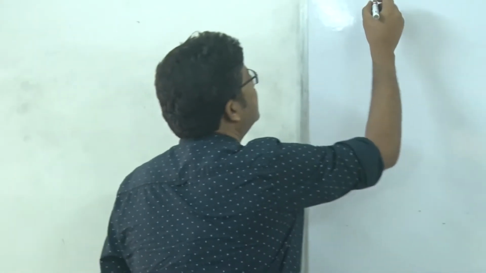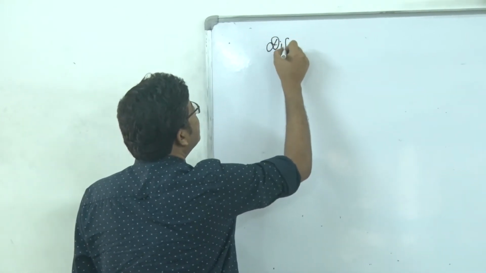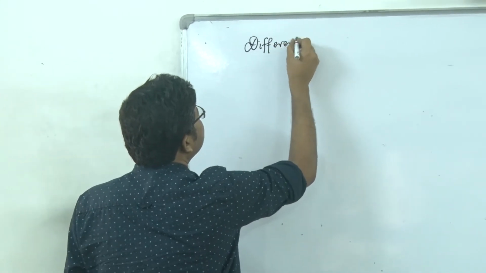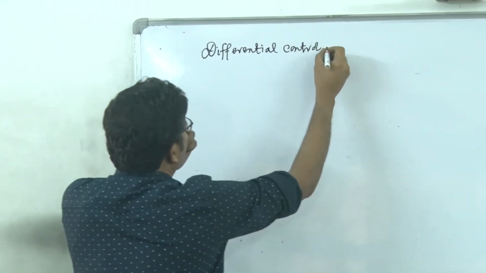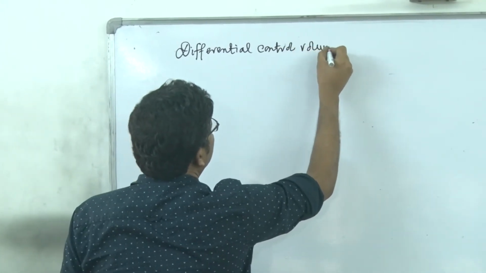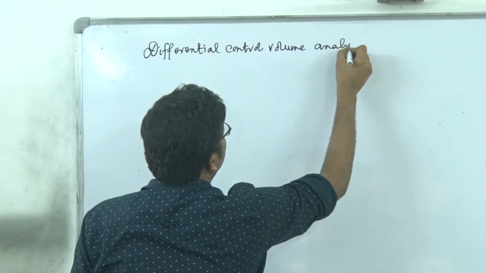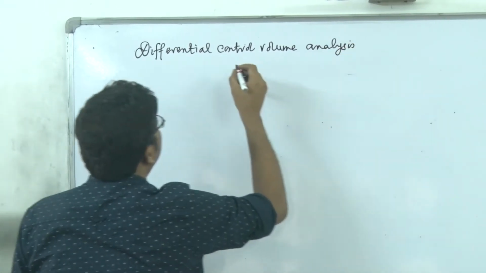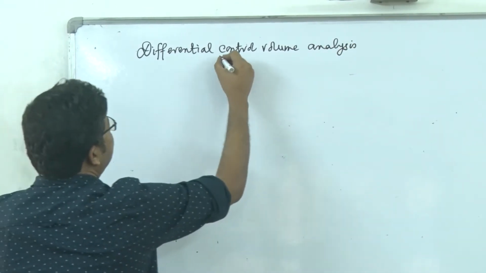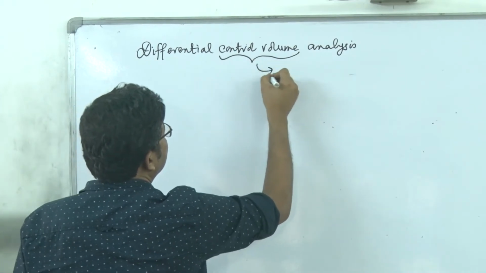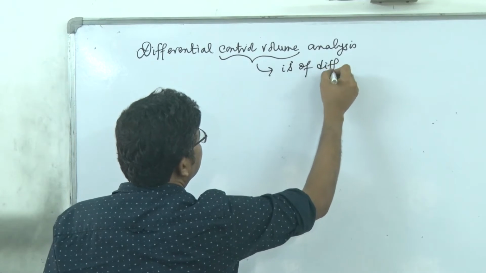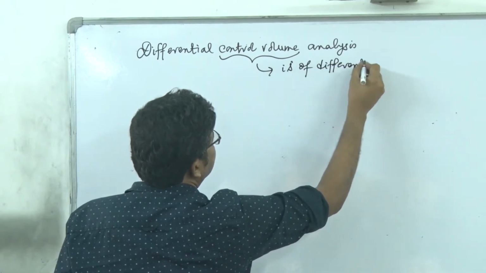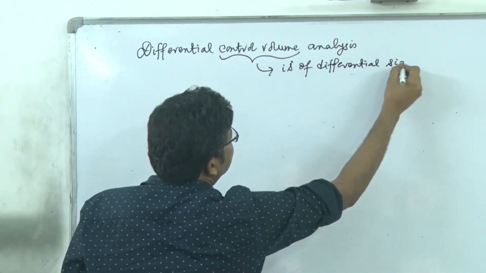So the topic is differential control volume analysis. Differential control volume means here the control volume itself is of differential size, right?